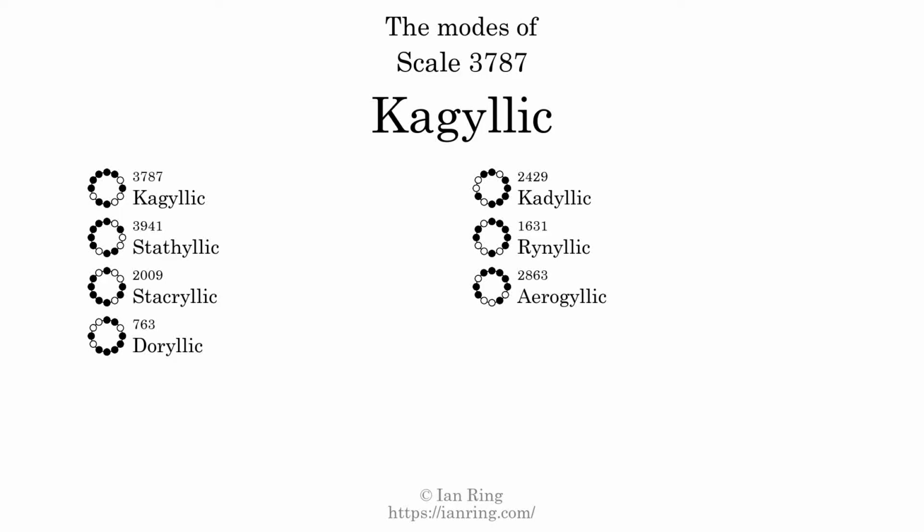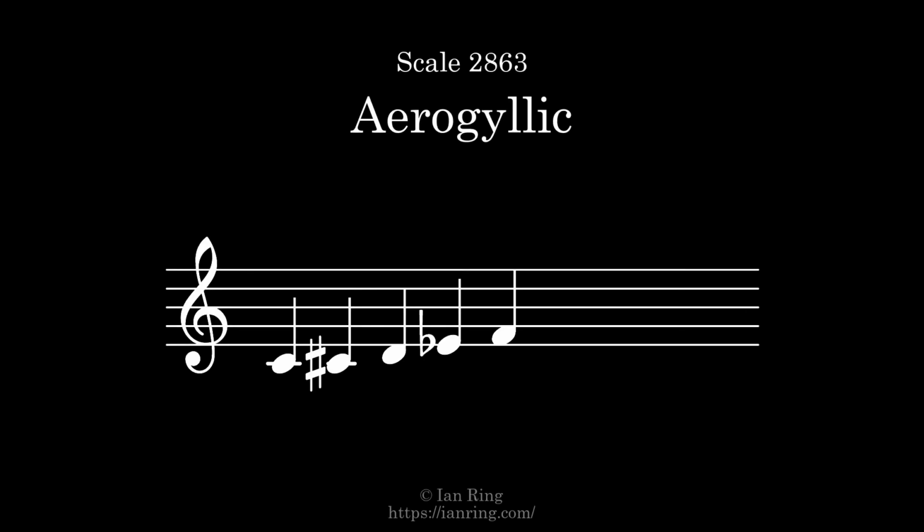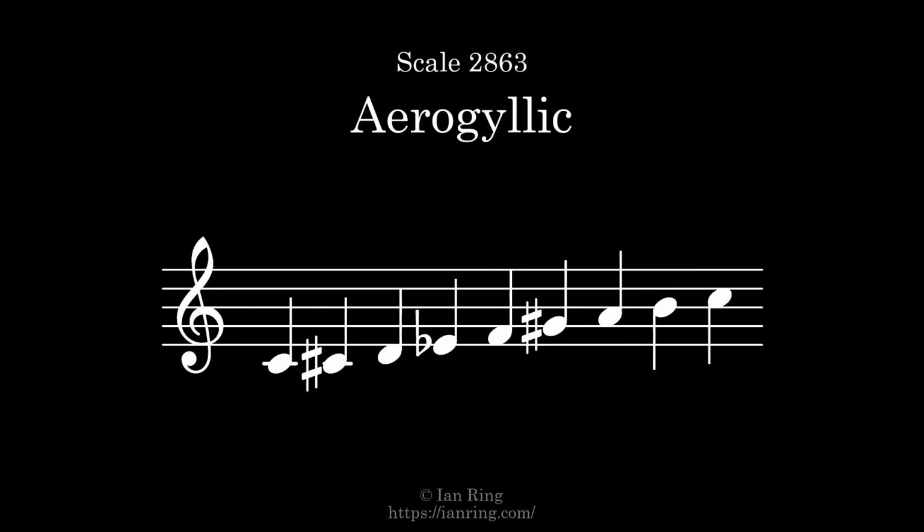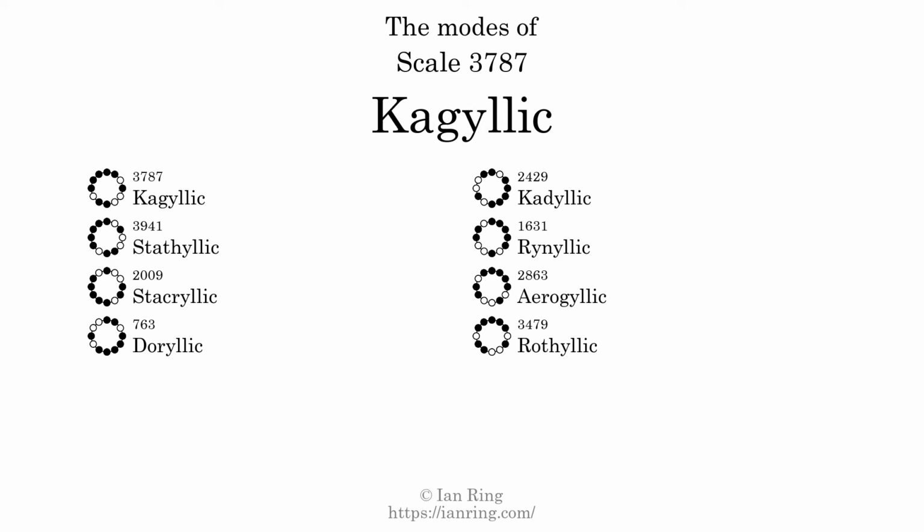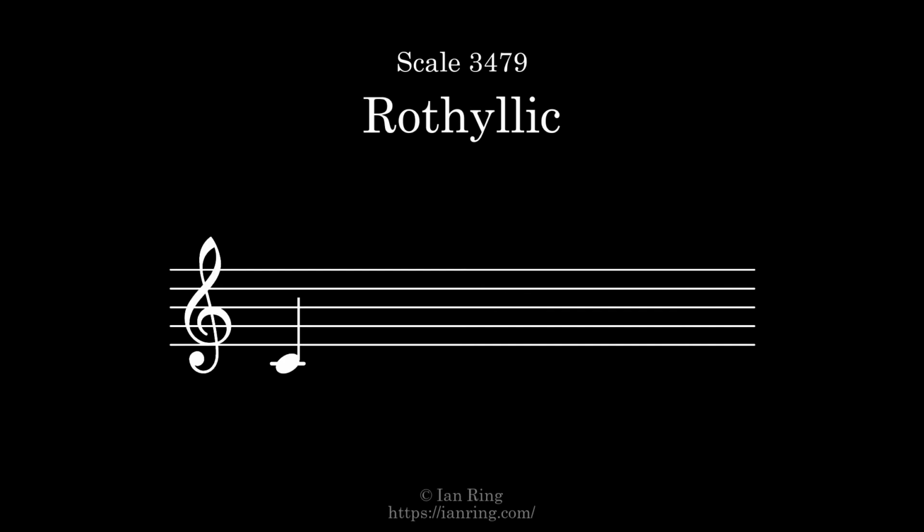The seventh mode is scale 2863, also known as Kagyllic. It sounds like this. The eighth and last mode is scale 3479, also known as Kagyllic. It sounds like this.